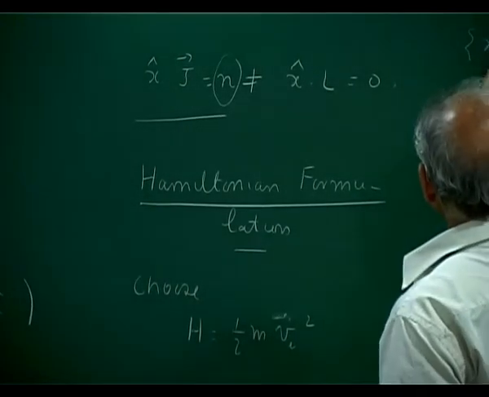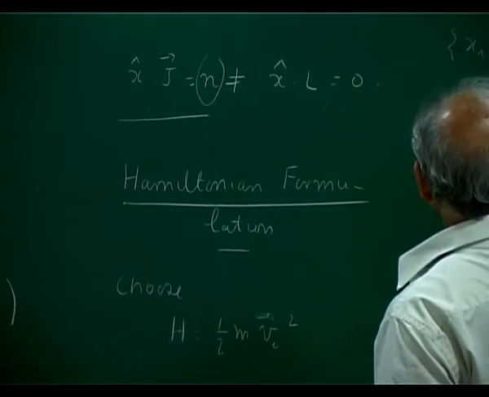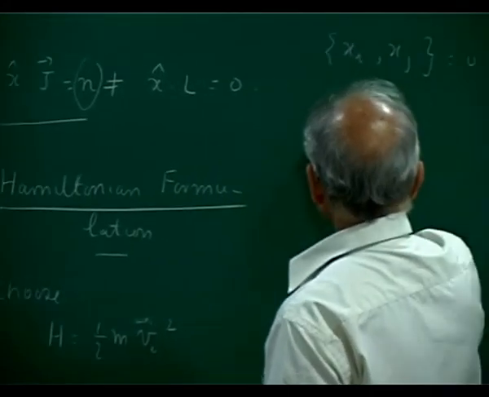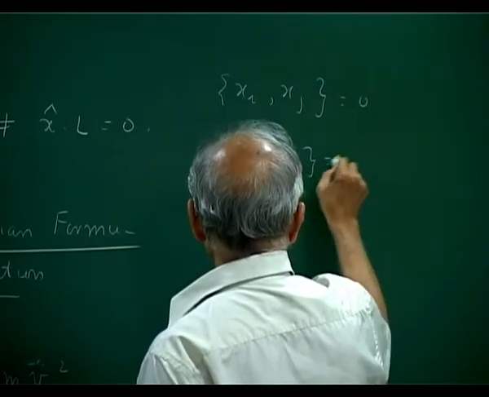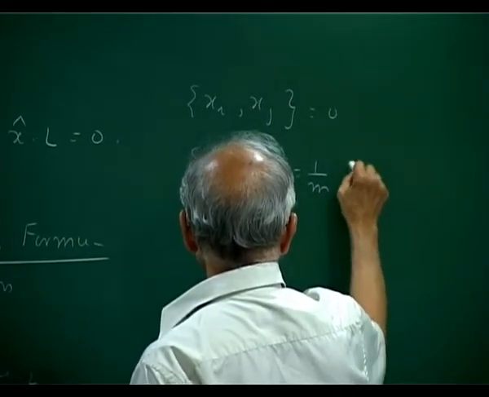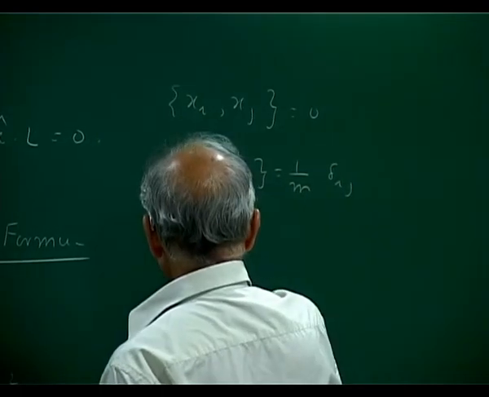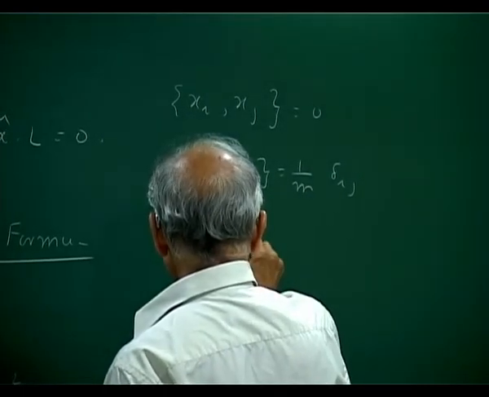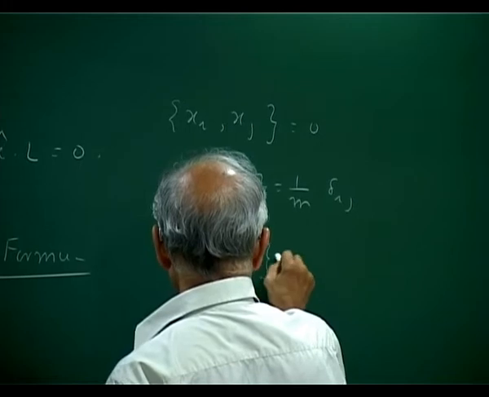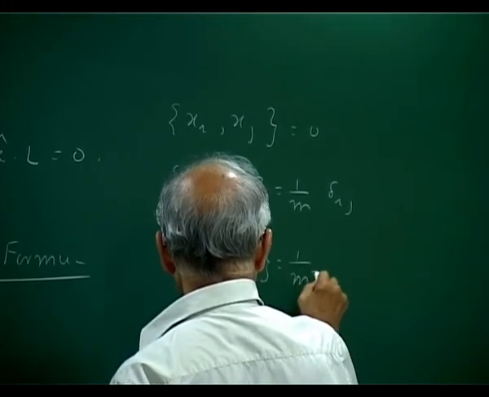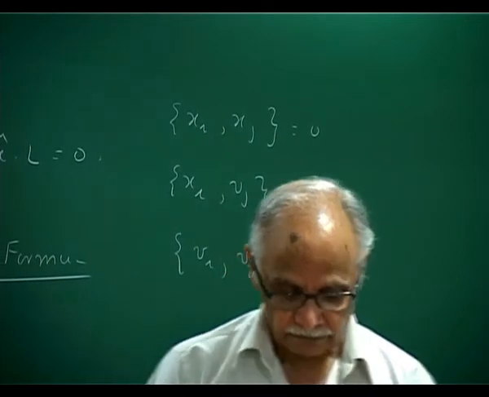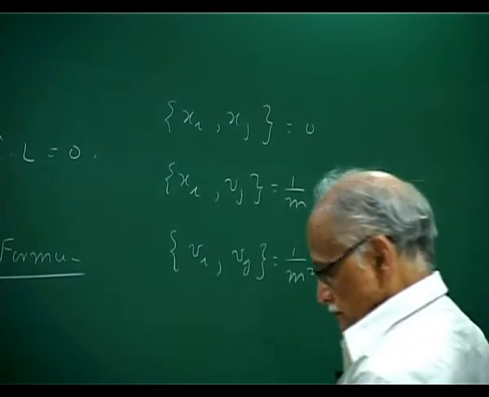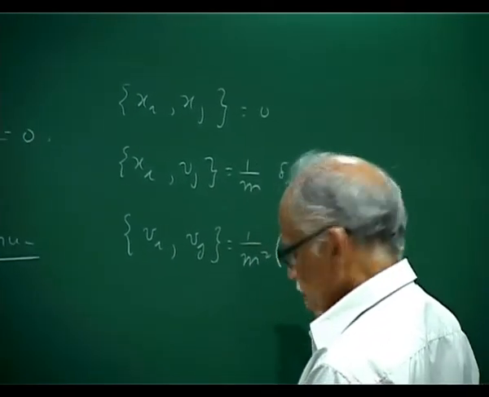So I will say that the Poisson bracket of x i with x j is 0. I will say x i with v j is 1/m delta ij, but I will say v i with v j is 1/m squared times the magnetic field, which I will write down, times with a minus sign.